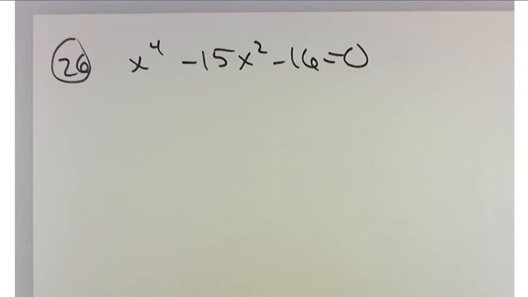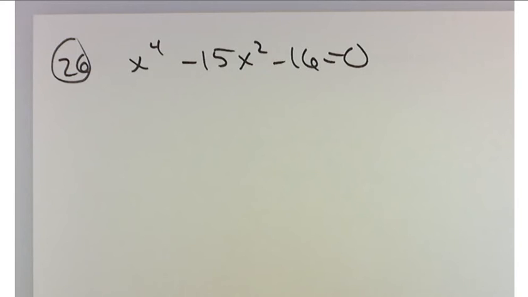This should factor pretty nice. Certainly much nicer than the previous one. I think you're going to get a couple imaginary solutions on this one.